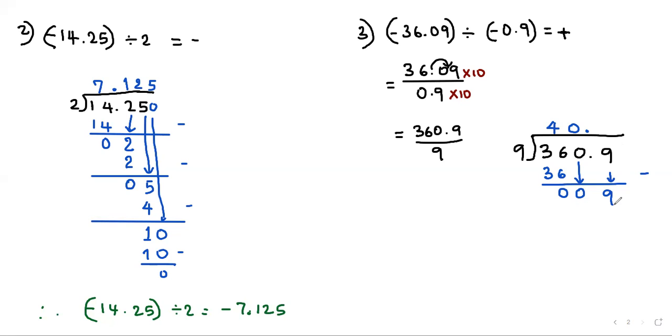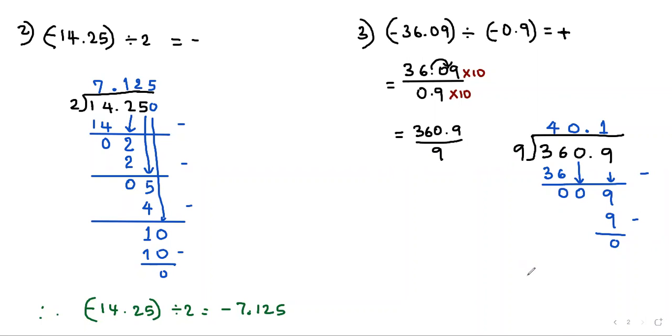Okay. So what is 9 divided by 9? What do we get? 1. And what is 1 times 9? 9. When we subtract, we get 9 minus 9. What do we get? 0.